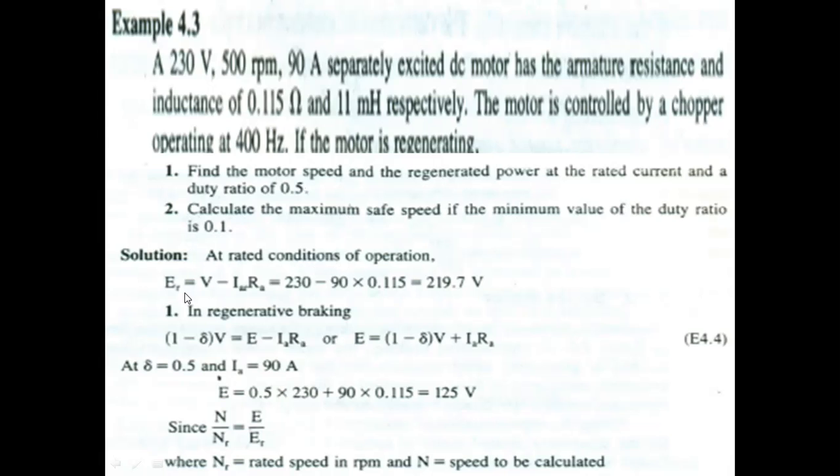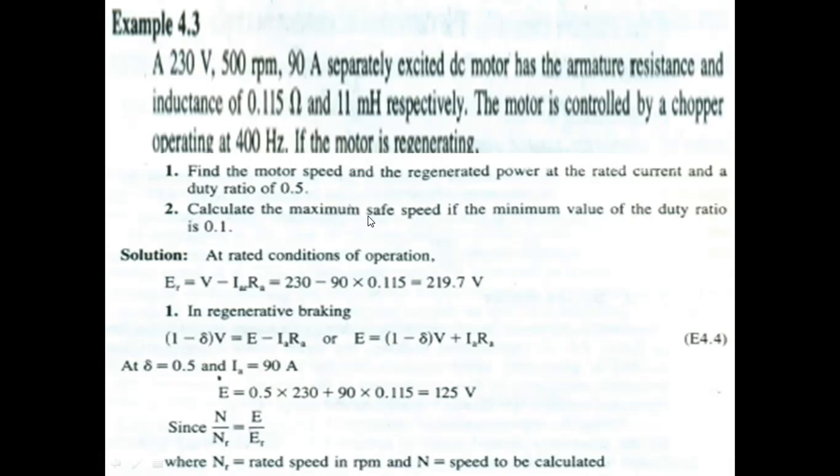ER is equal to V minus I into RA, where I is the normal current and RA is the resistance of the armature. So ER is equal to 230 minus 90 into 0.115 ohms armature resistance. So the rated voltage is 219.7 volts.